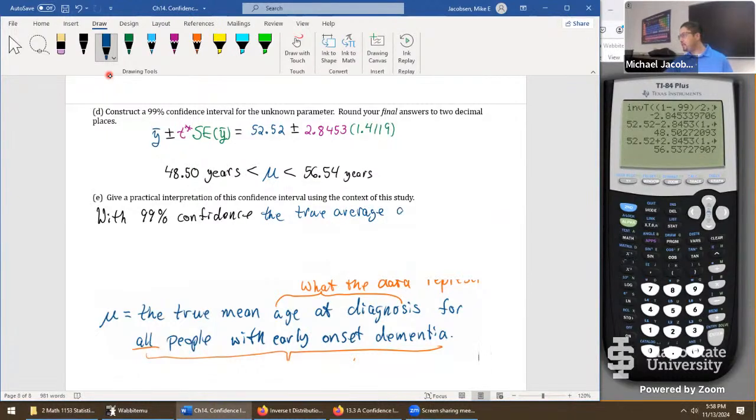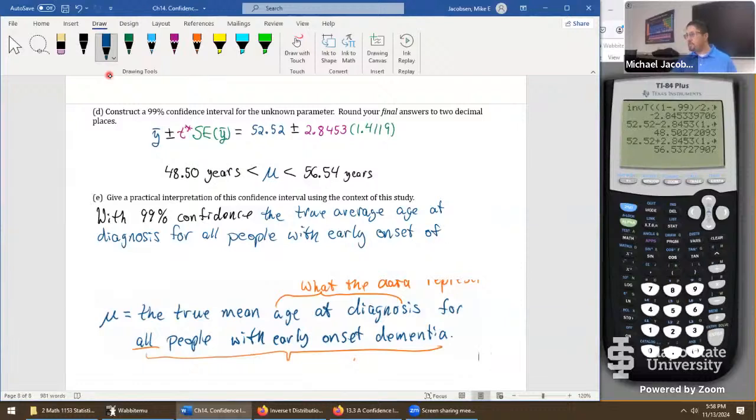The true average age at diagnosis for all people with early onset of dementia is between those two values.